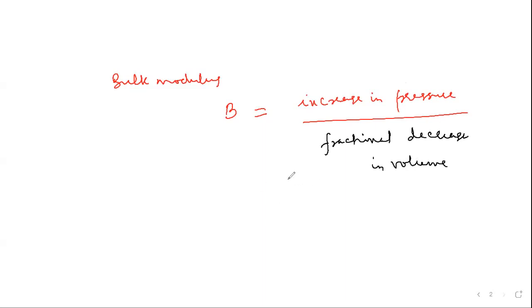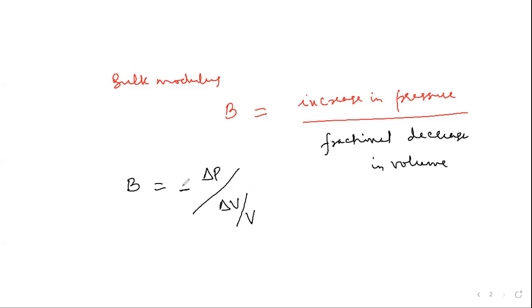So in symbols, I can write delta P over delta V by V. Delta V by V is fractional decrease in the volume. Delta P is increase in pressure.